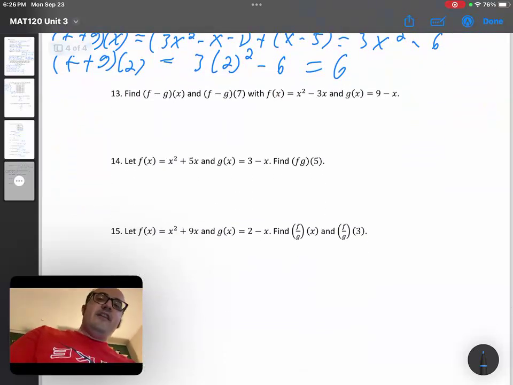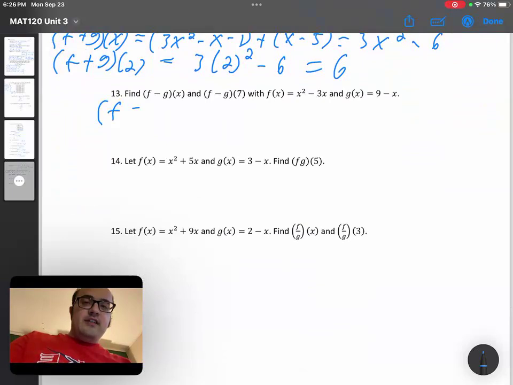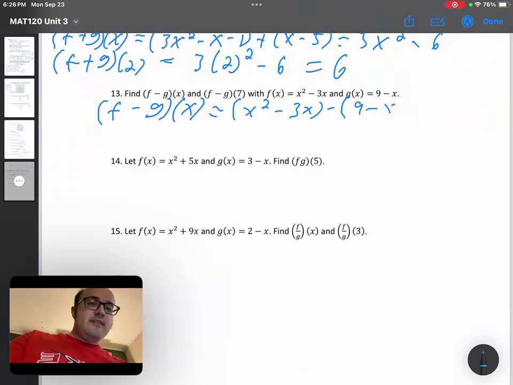Number 13, find f minus g of x and f minus g of 7, where f of x is x squared minus 3x and g of x is 9 minus x. F minus g of x is x squared minus 3x minus 9 minus x.